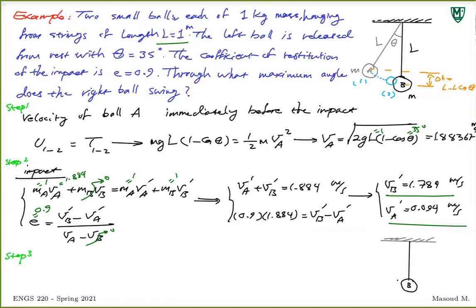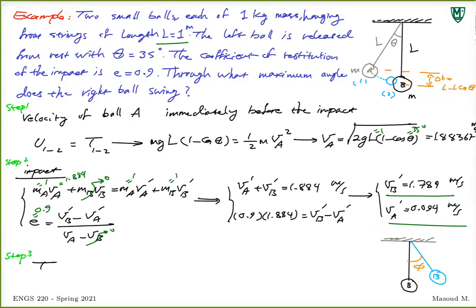Some initial velocity is given to it, and we are told that it goes up to some point. We want to know how far it goes. So that would be B. And let's call the angle that it goes all the way up phi. So we can find phi.